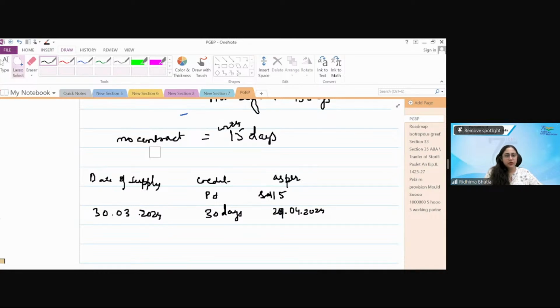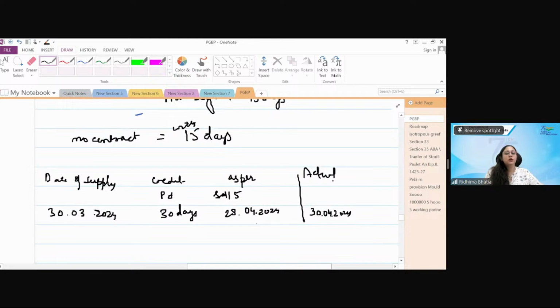No, it will be 28th April only, because you cover up to one day before. Now suppose the actual payment happened on 30th of April 2024. Now tell me whether the expenditure would be allowed or disallowed. It would be disallowed, but it would be allowed as deduction in which year?